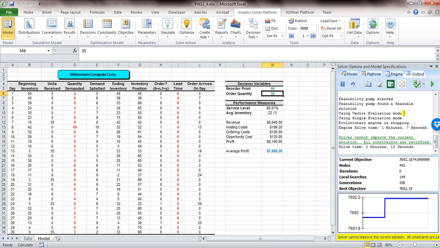So the reorder point is 40: anytime the inventory position is less than 40, there will be an order, and the order quantity is 35. The average inventory level is 22.13. Thank you.